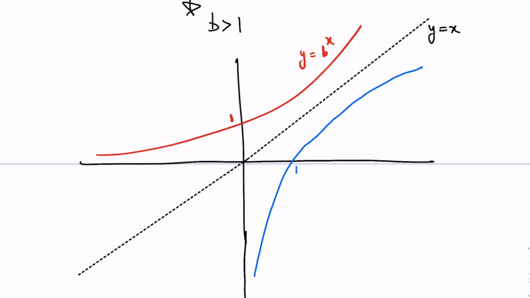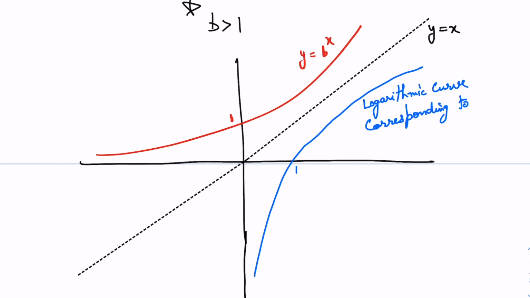So this new curve that we have obtained is called the logarithmic curve corresponding to base b, or to this exponential curve y is equal to b power x.